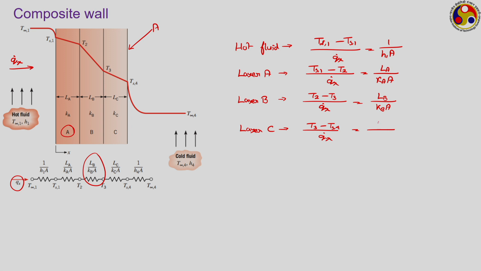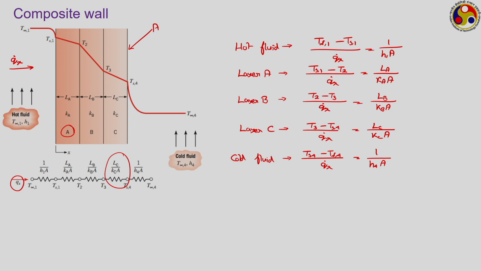So, that should be equal to LC/(kC A). So, this is this third conduction resistance we have, and finally, on the cold fluid side we are having convection. So, here the temperature difference is (Ts4 − T∞4)/Q̇x is equal to 1/(h4 A).